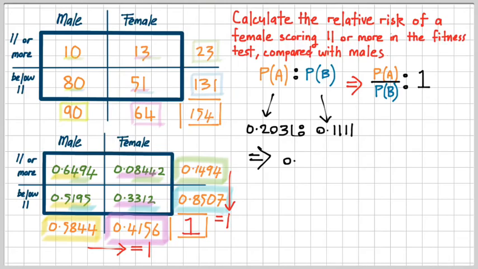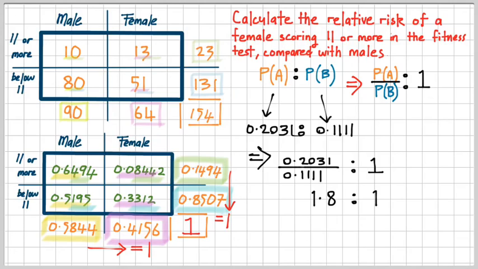So in terms of our magic ratio here, let's take 0.2031 divided by 0.1111 to the ratio of 1. Okay, so our final answer is going to be 1.8 to 1.